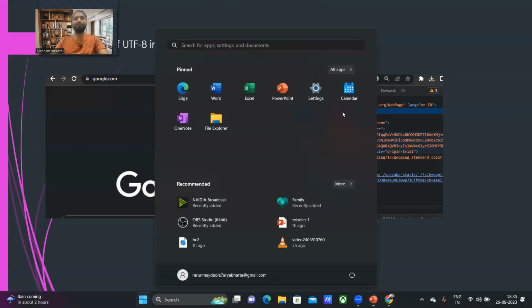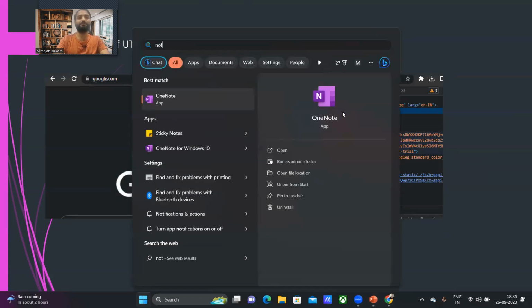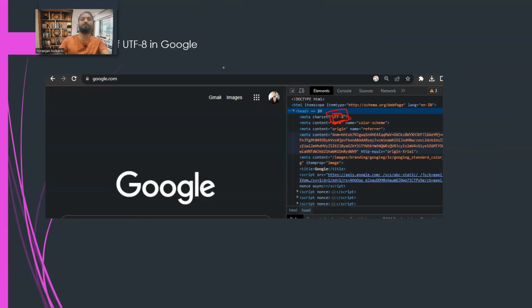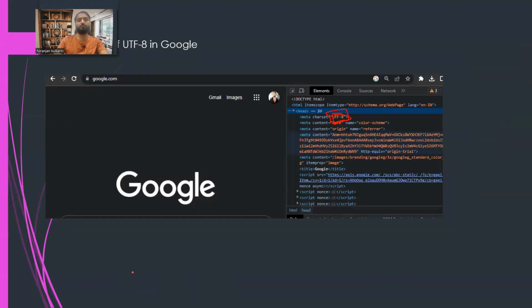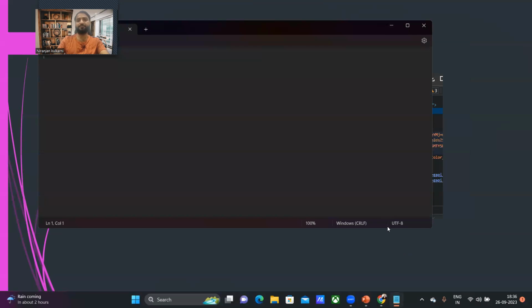One more thing I want to show you. If we see about Notepad, let it open. Okay, you can see over here the UTF-8.